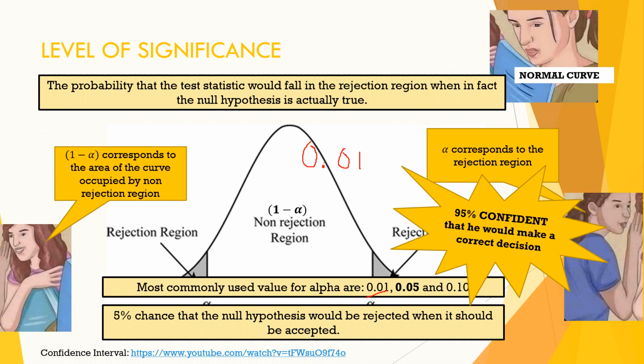Our confidence level there is 99%. Again, if we are given a level of significance of 0.10, of course our confidence level is 90%. So that is how level of significance works.